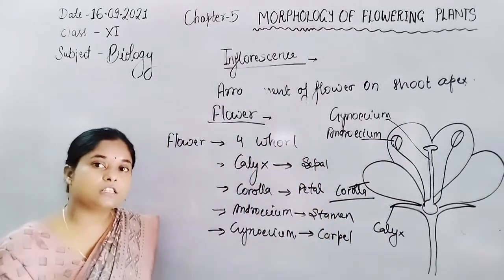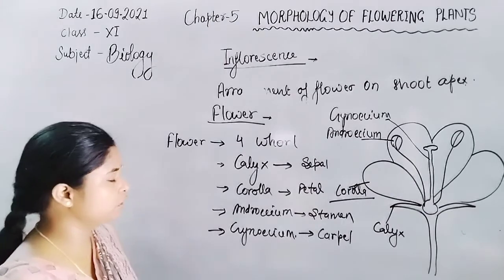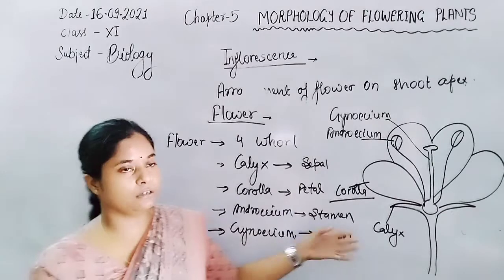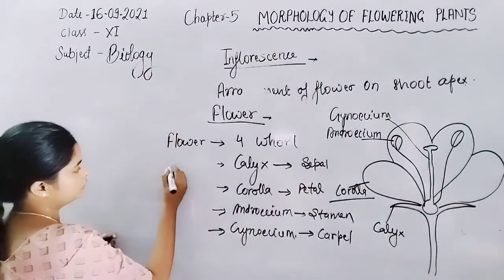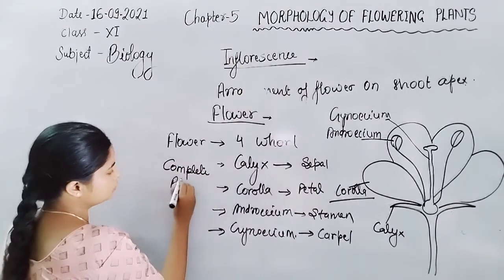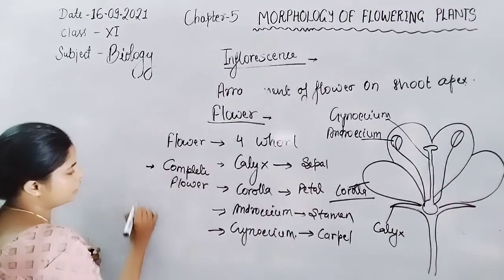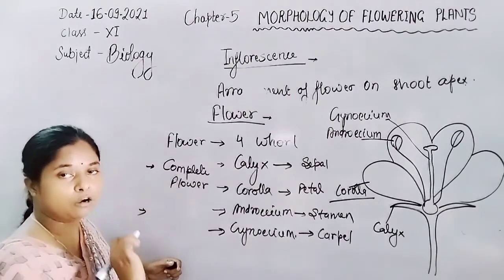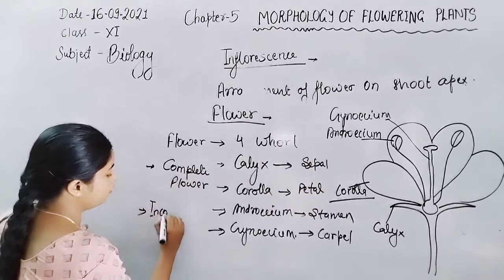On the basis of the presence of the whorls, the flower can be denoted by different terms. If all four whorls are present in a flower, that type of flower is known as a complete flower. If the flower lacks any one whorl out of the four, it is known as an incomplete flower.